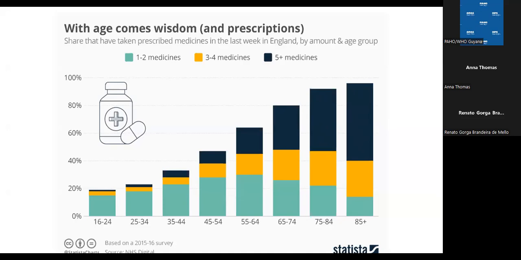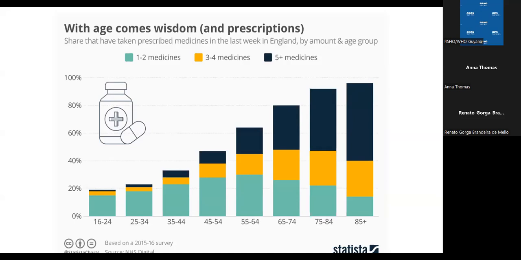So polypharmacy, defined as the concomitant use of 5+ medicines, is very prevalent among older adults, especially in the older ones. So this is when medicine interactions happen.